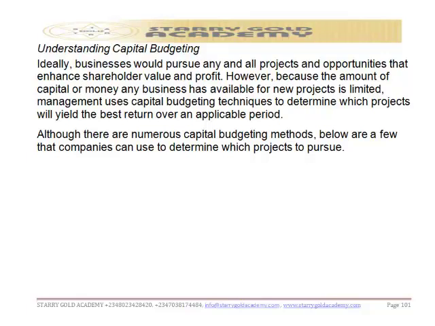Because of this limitation on the capital available to the business, management use capital budgeting techniques to determine which project will yield the best return over an applicable period. And the one that adds more value to the shareholders' wealth is the one management will select. Although there are numerous capital budgeting methods, we try to look at a few of these that companies can use in undertaking their businesses.